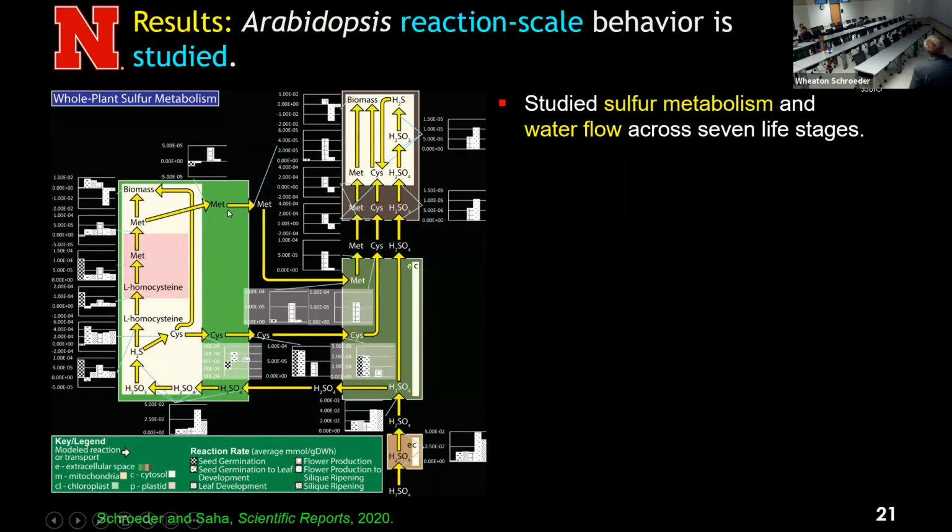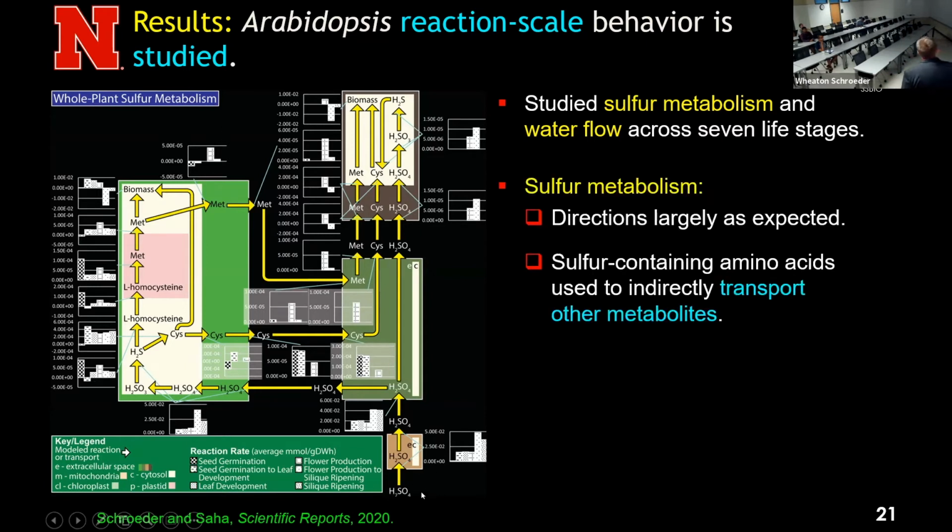So this is an example of our whole plant sulfur metabolism when we're looking at reaction rate across time. So sort of as expected for sulfur metabolism, we're going to uptake sulfur from the root as a micronutrient. Much of it is going to be processed in the leaf to create biomass as well as various important amino acids.